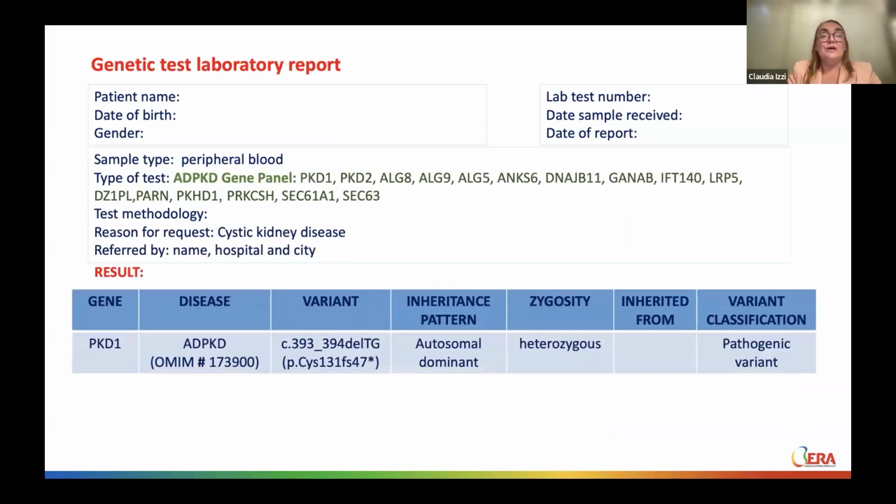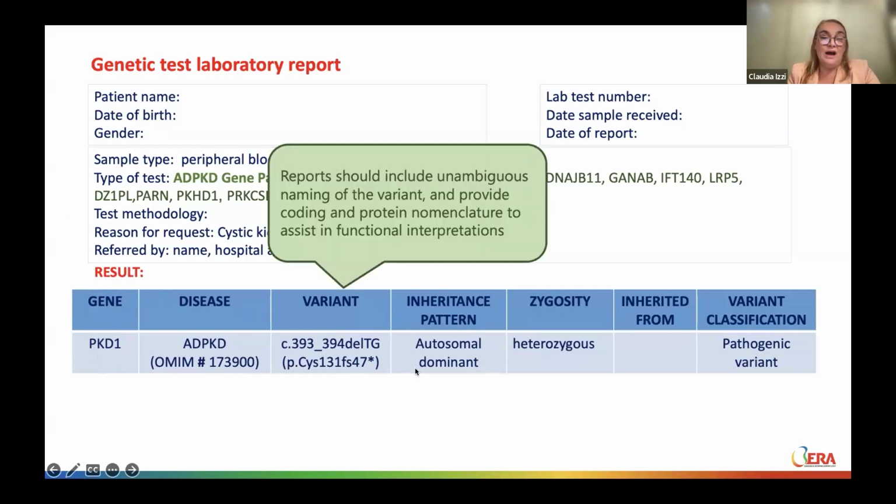But if we look at the result, what can we have as a result? In this case, an ADPKD gene panel has been performed. And in the laboratory report we should have the gene, so we have PKD1, the type of disease related to the gene, and the type of variant.